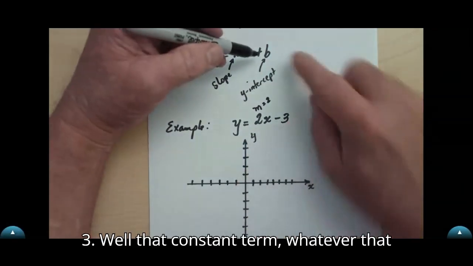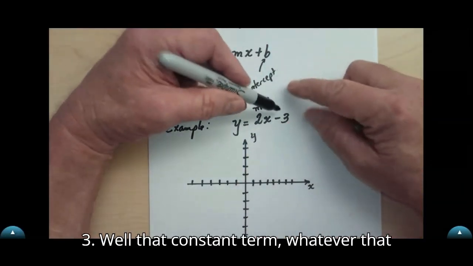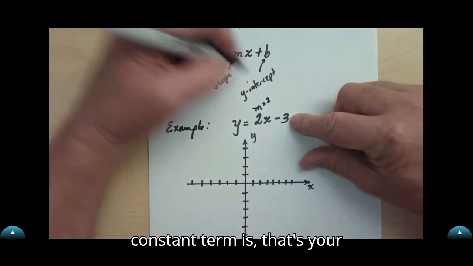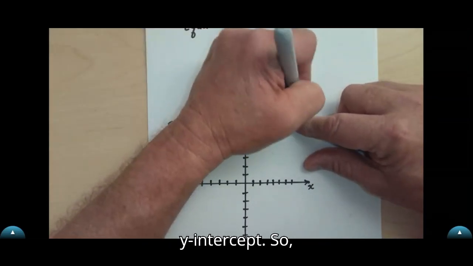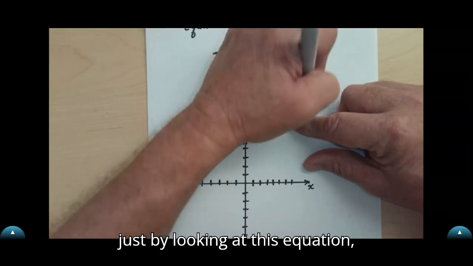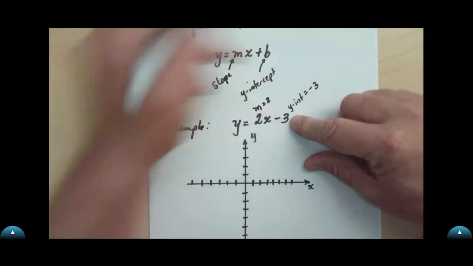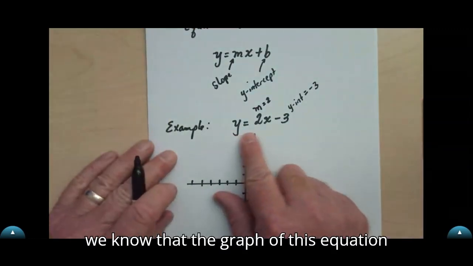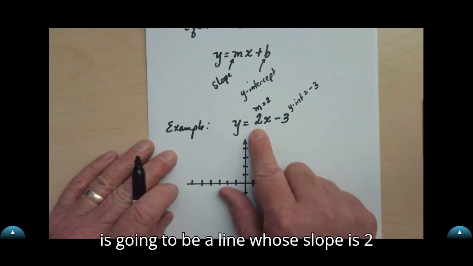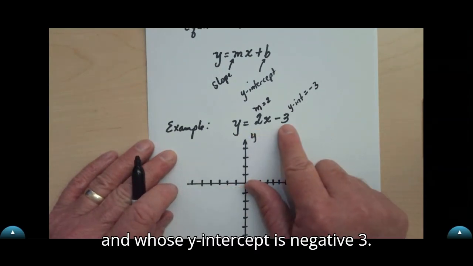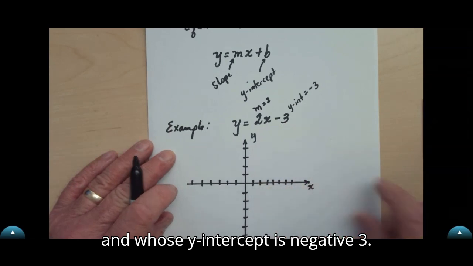And minus 3. Well, that constant term, whatever that constant term is, that's your y-intercept. So just by looking at this equation, we know that the graph of this equation is going to be a line whose slope is 2 and whose y-intercept is negative 3.